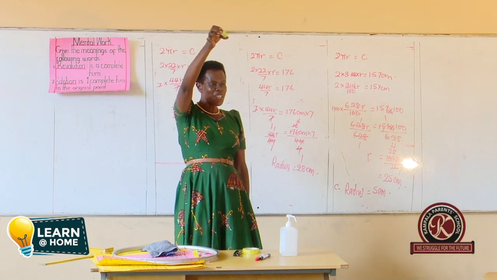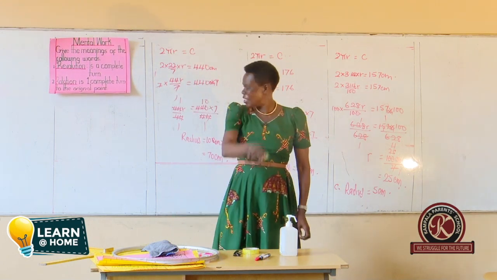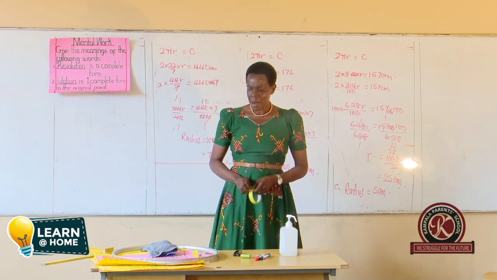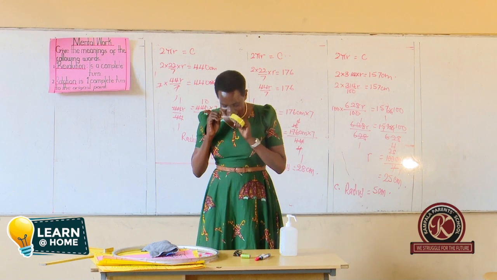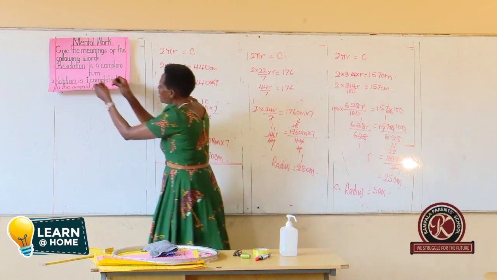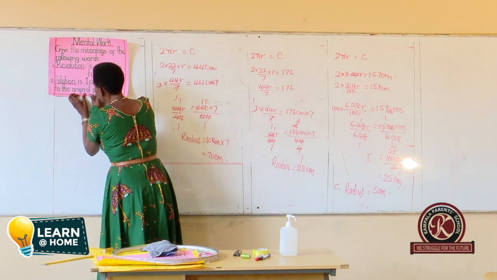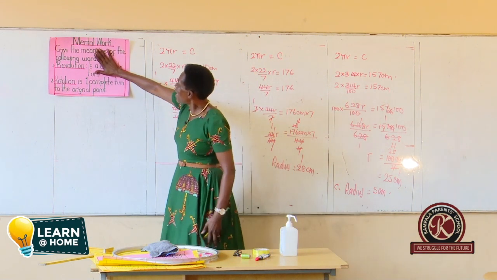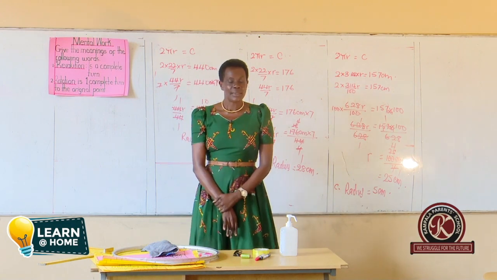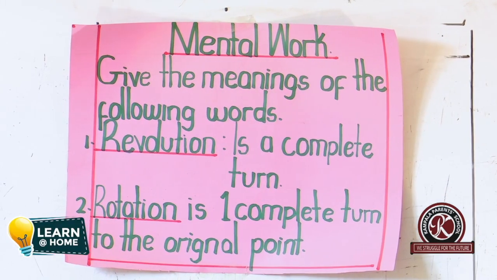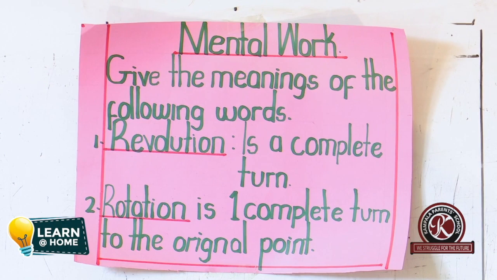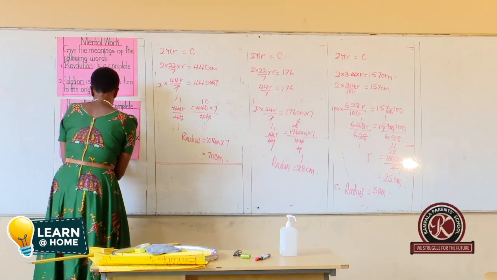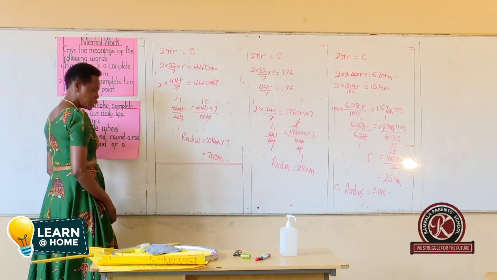Many of you are telling me the right thing. I'm very sorry. So these are the words I gave you and the meaning. And then the items that make complete revolutions.